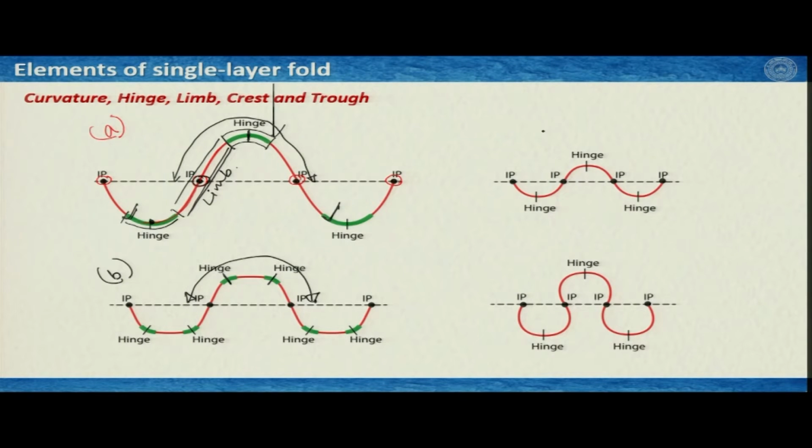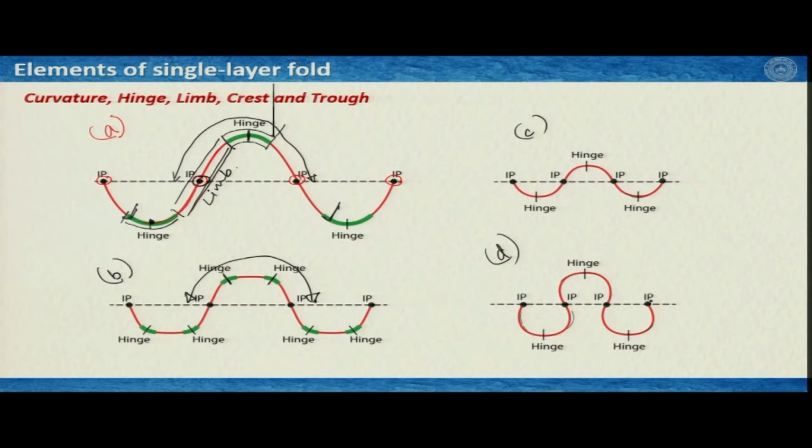In these two illustrations C and D, if we start from here at an inflection point and then travel along this fold train, the curvature is more or less constant, and it is very similar in illustration D as well.